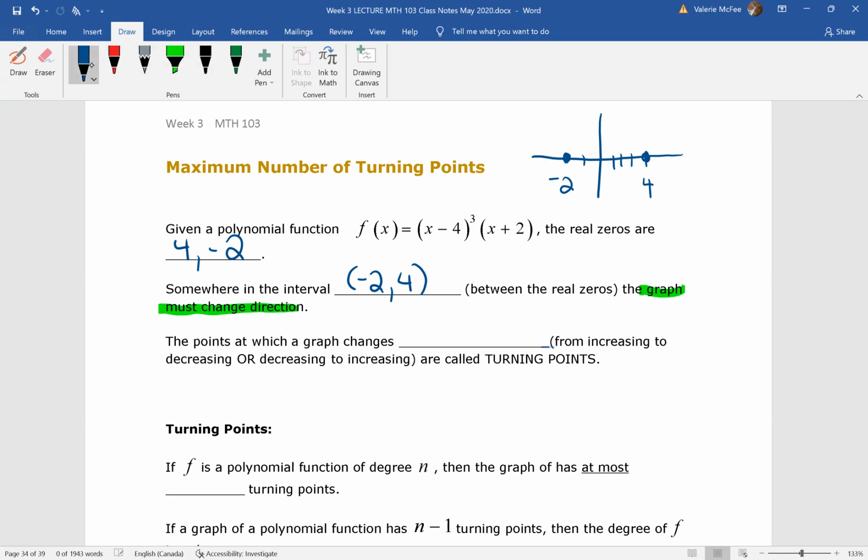If the graph started increasing, at some point it would have to decrease to get to 4. If the graph was decreasing, at some point it would have to increase to get back to 4. The point at which a graph changes direction is called a turning point.